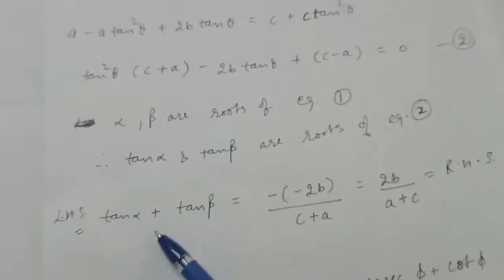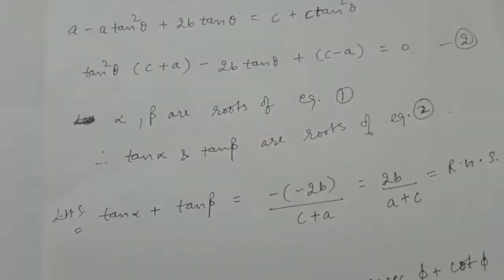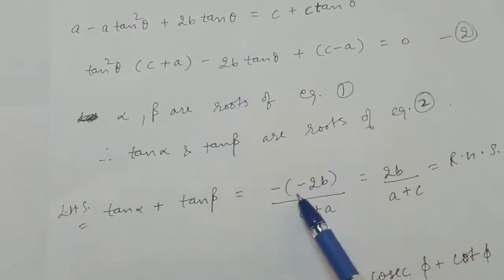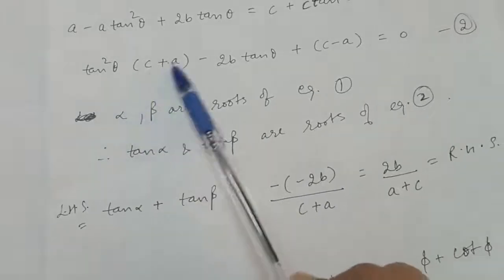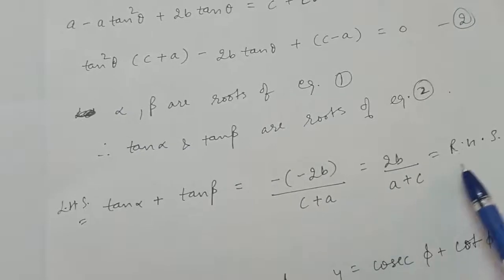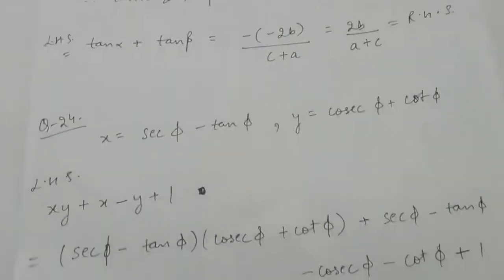So tan alpha plus tan beta, that is the sum of the roots, is equal to minus (minus 2b) upon the coefficient of tan square theta, which is a plus c. So this will be 2b upon a plus c, which is equal to the right hand side. This is only what we wanted to prove.